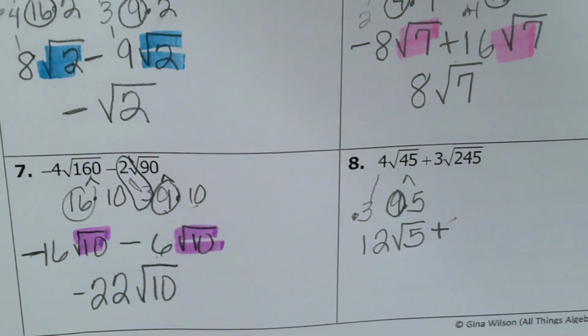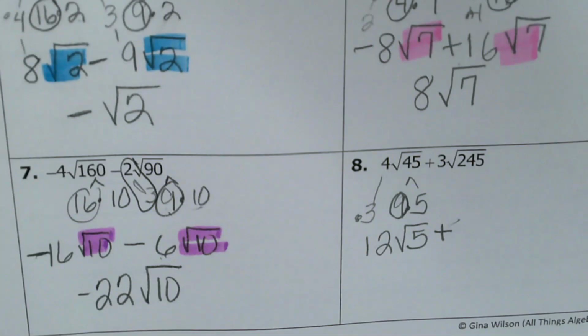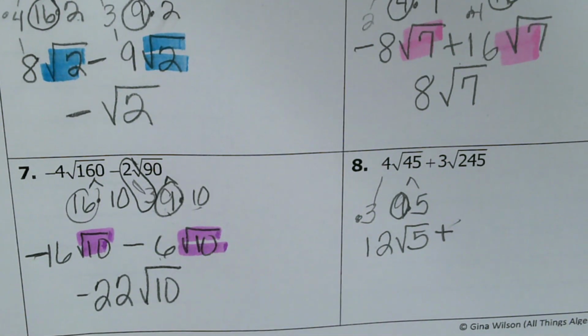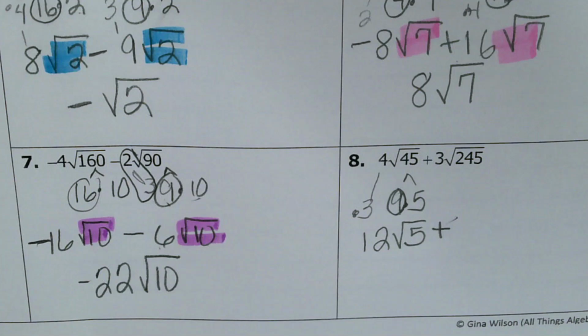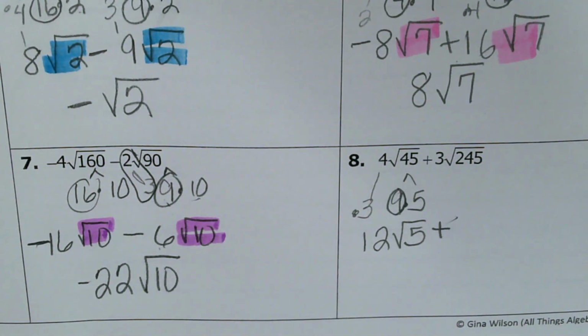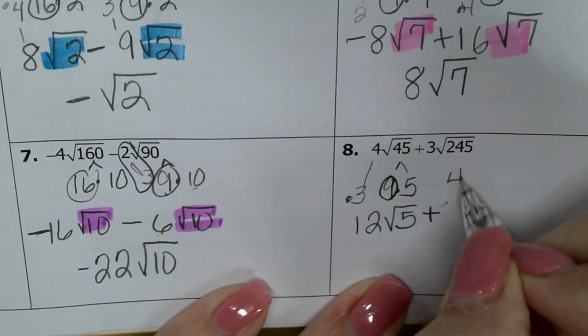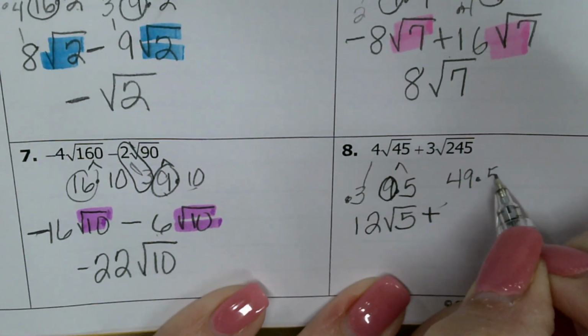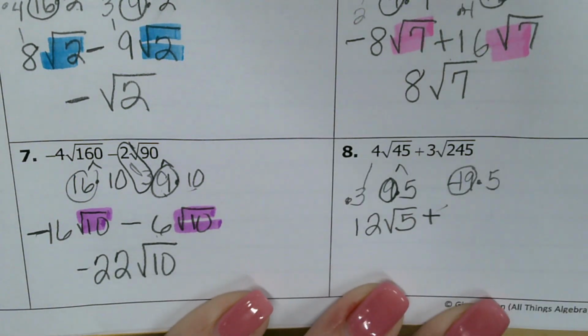Now I have no idea what 245 is. Has anyone gotten it? Yes, right there, my magic numbers, 49 and 5. 49 times 5. What's the square root of 49? 7.